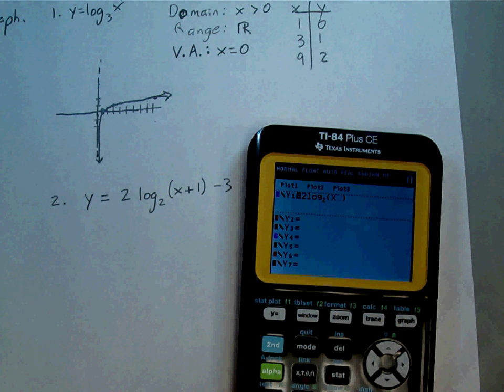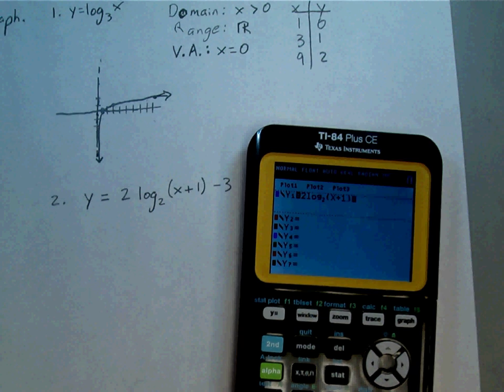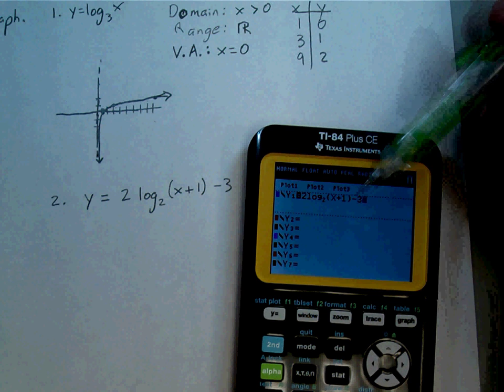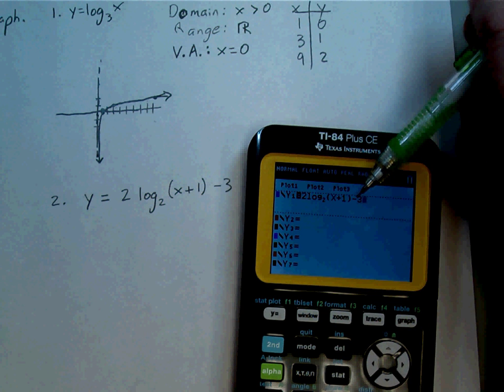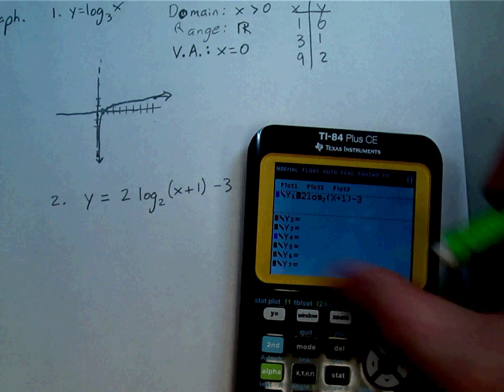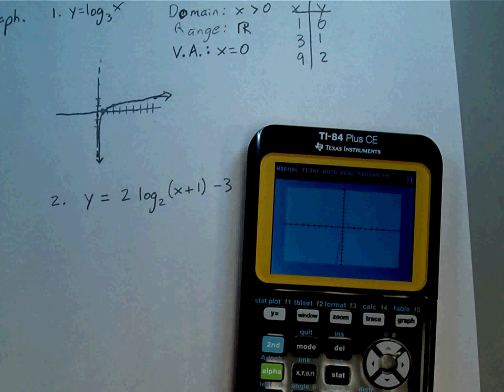In the parentheses, I want x plus 1. And then I'm done in the parentheses, so you're going to arrow to the right again. That moves you out. And now you can hit minus 3. Make sure you do minus 3 and not negative 3. That should have been the subtraction sign, not the negative sign. If you mess that up, your graph will not match mine or the table. Okay? I'm going to go ahead and hit graph.